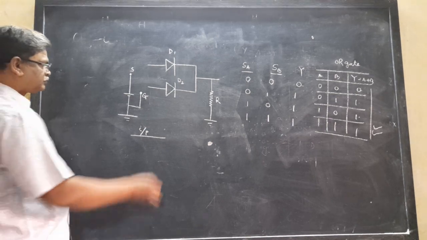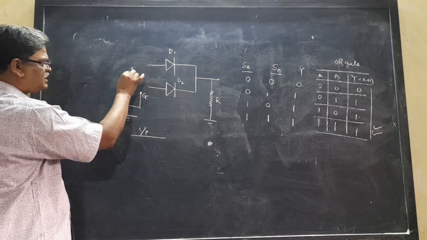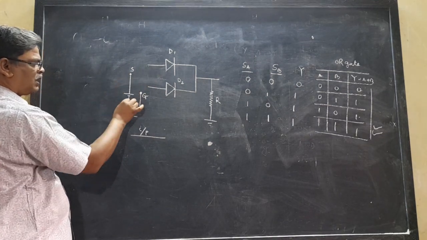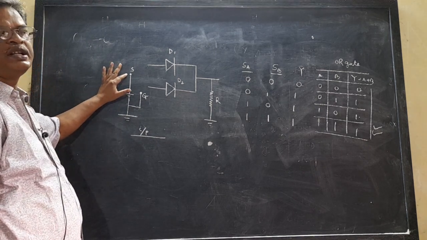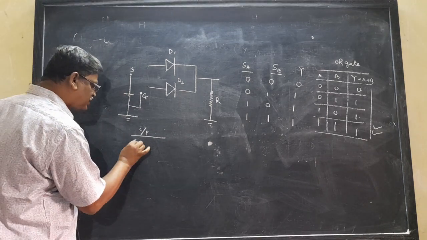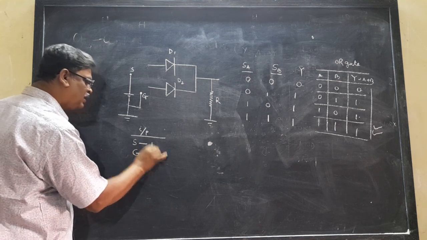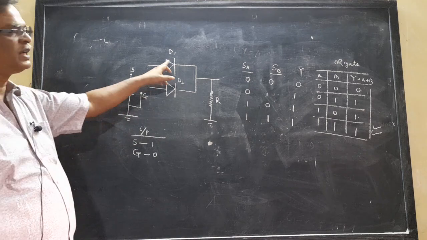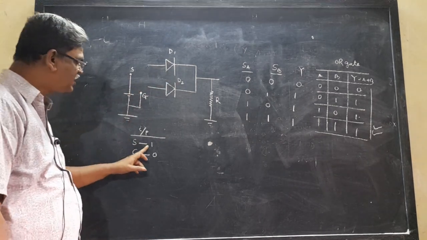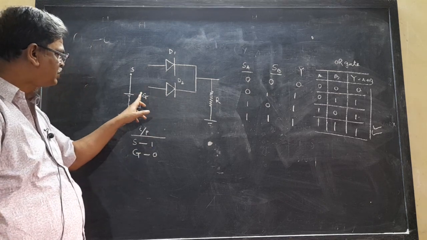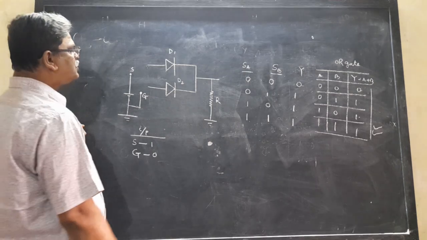See, when the diode D1 is connected to the source, we consider 1. If the diode is connected to the ground, that means 0, then it is 0. This is the input state.